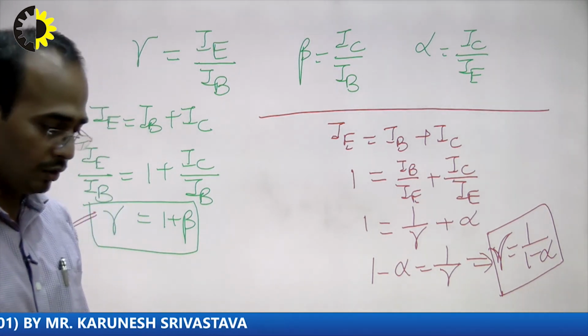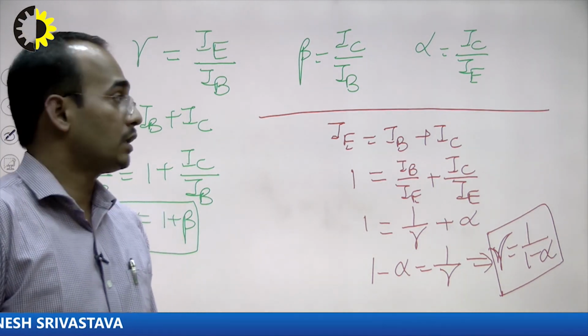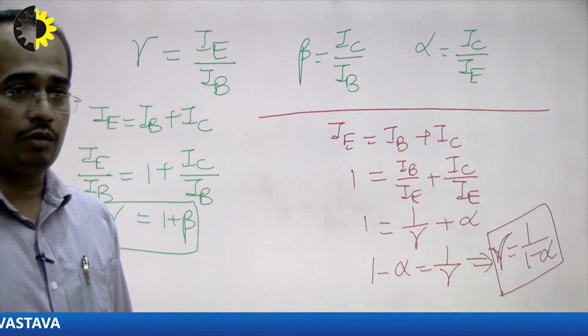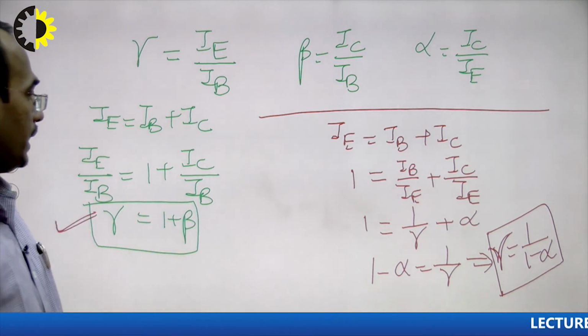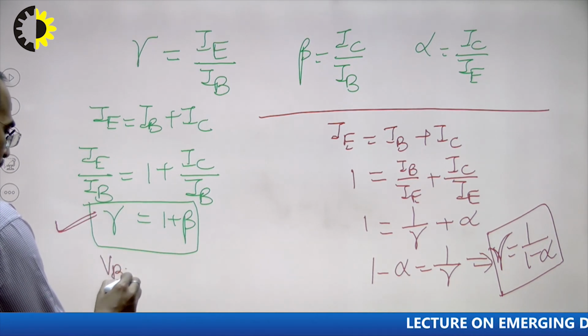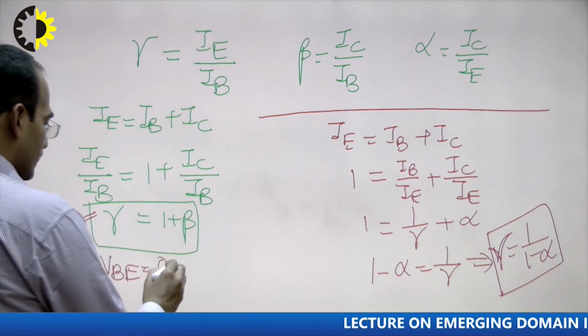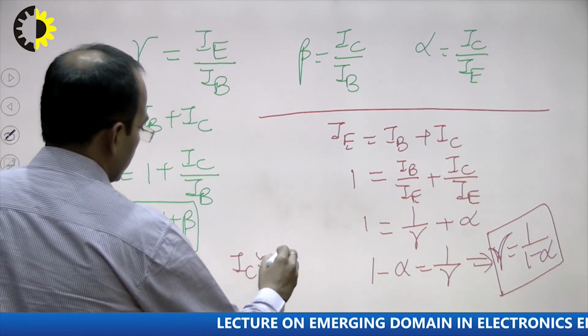So this is all about the common base configuration, the common emitter configuration and common collector configuration. For solving the numerical, we can consider the assumption that VBE is equal to 0.7 volt and IC is nearly equivalent to IE.